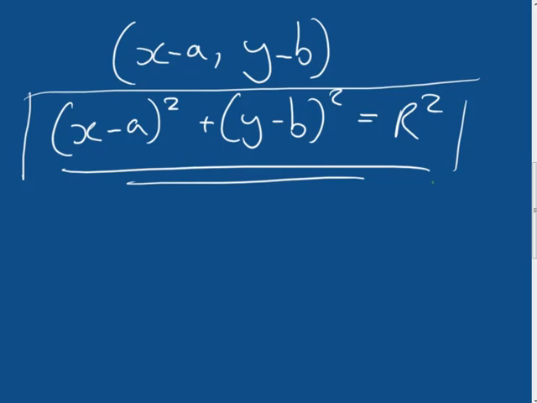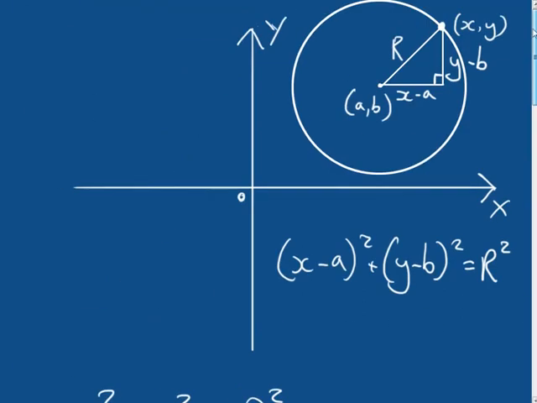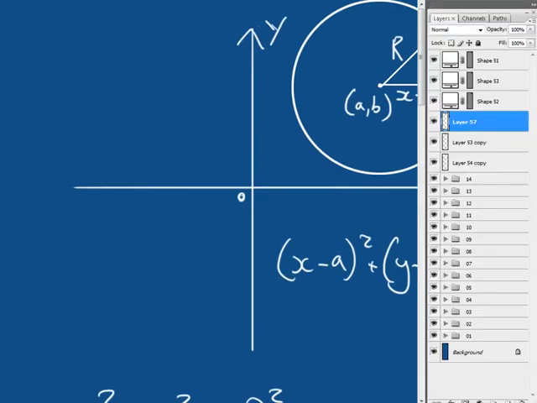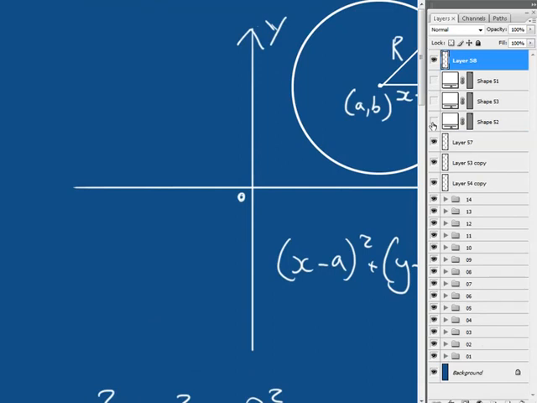So I'd like you now to try a couple of questions using our new equation. So the first question, and I'm not sure if I'm going to have enough room here, so I am going to bring up a new whiteboard just to be safe. Our first question, question 1, I'm going to tell you that the circle is centered at (a, b) equal to (2, 3).